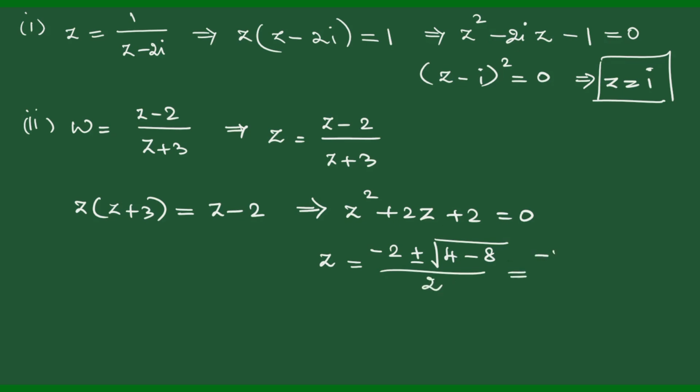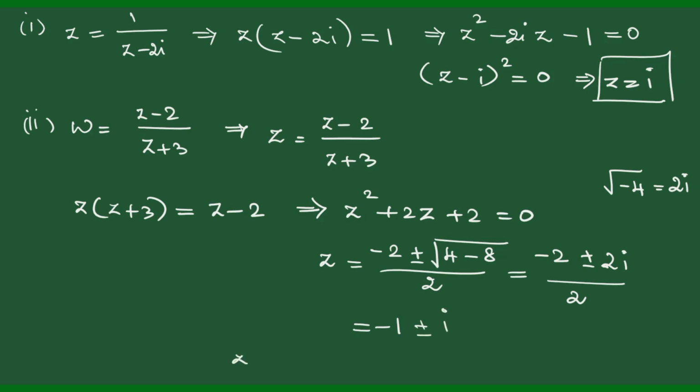So here it is (-2 ± √(4 - 8))/2. Root of 4 minus 8 is root of -4, which can be written as 2i because i is nothing but root of -1. So we can write (-2 ± 2i)/2. Cancelling by 2, the final answer will be -1 ± i.